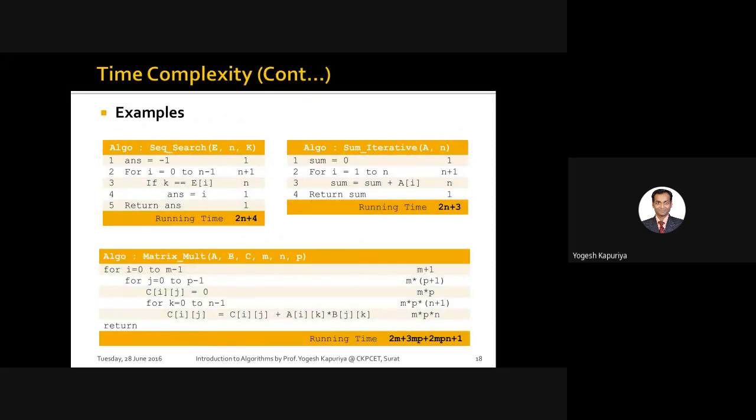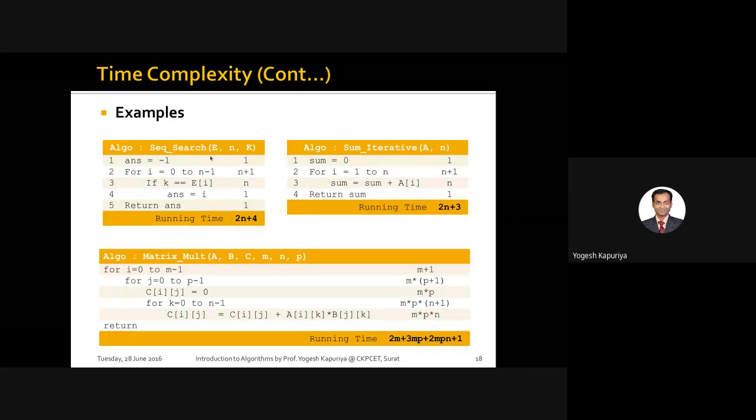Okay, so let us discuss a few more examples that will make your understanding clearer. Focus one by one. Just focus on this part right now, that is an algorithm for sequential search. Sequential search means it's a linear search. There are three inputs to this algorithm.